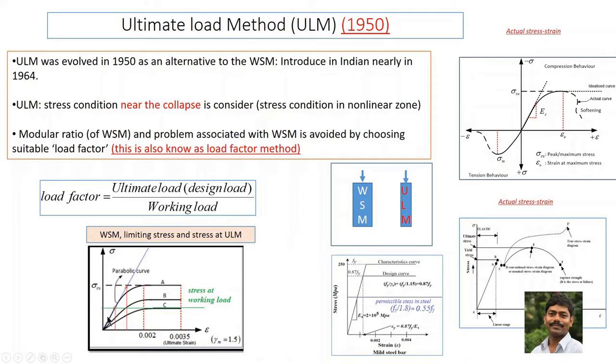So it should be somewhere here, but for the time being, we assume this value, just in the linear zone. This value represents 0.33 fck, and if you multiply by the load factor, it will be your stress under the working load.